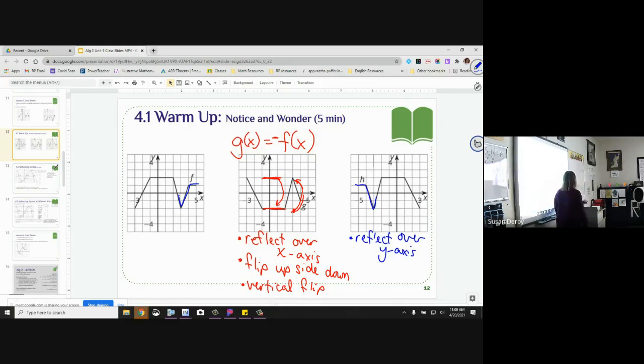Instead of flipping upside down like our first one did, we see that this is flipping side to side. It's flipping left and right. So what was on the right side of the graph is now on the left side of the graph. What was on the left side of the y-axis is now on the right side of the y-axis.